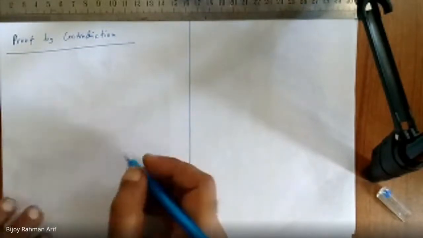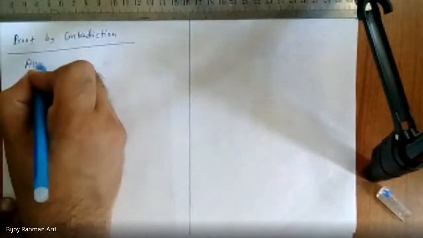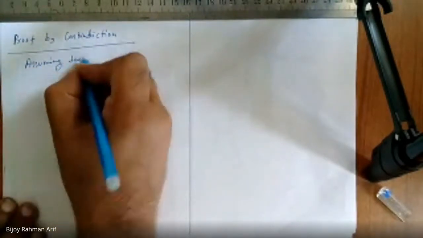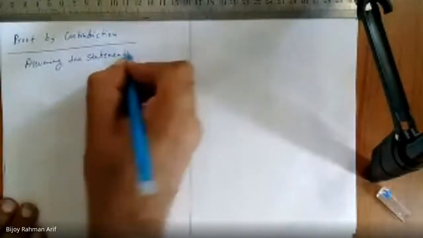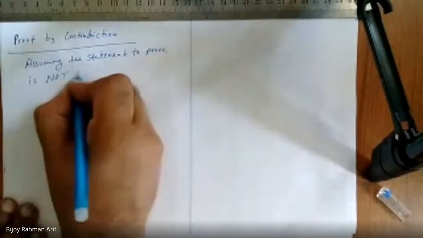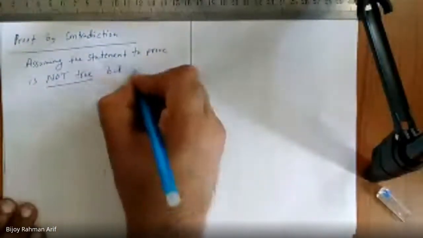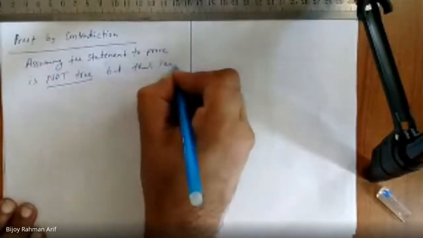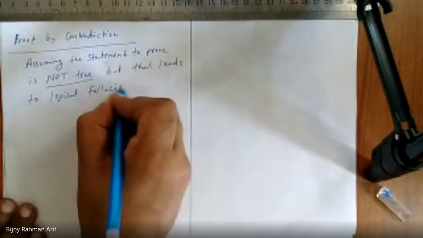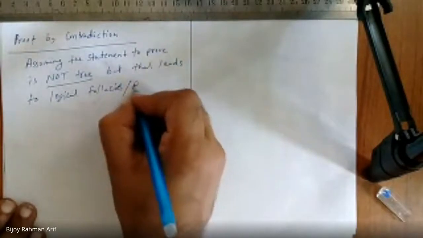What is proof by contradiction? Assuming the thing we want to prove is not true, but that leads to logical fallacies or problems.